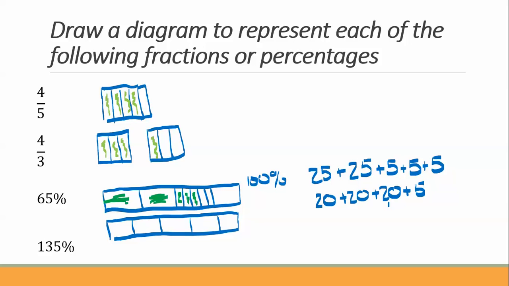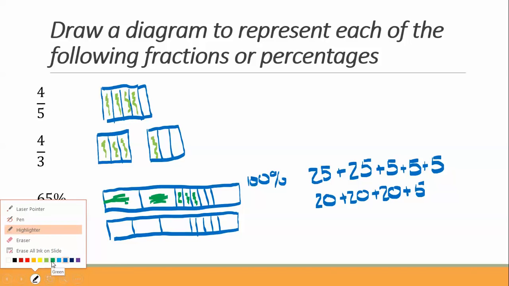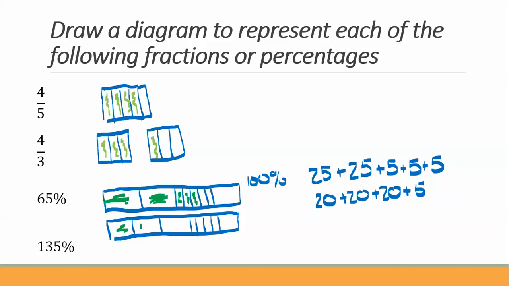And then for one of the 20% to get it into 5, we had to divide into 4. And now if we color that, we have 20, 40, 60, 65. Notice it's a little off because it's drawing, not exact, but they're approximately shaded the same amount, which they should be.